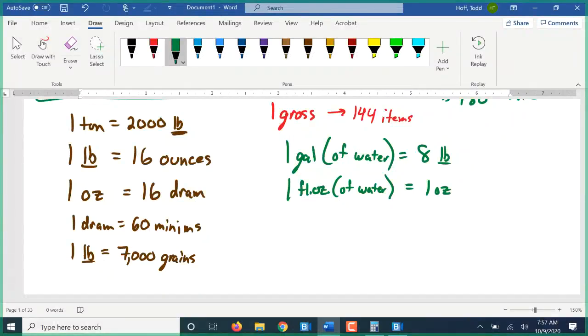So we do have not terrible conversions from our weights into our capacities, but it's not near as nice as what it is in the metric system, as we'll see in a little bit.